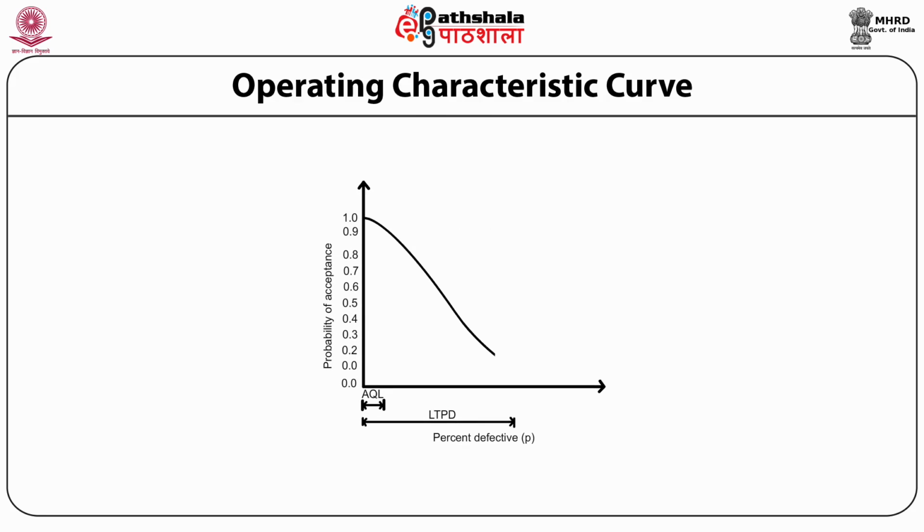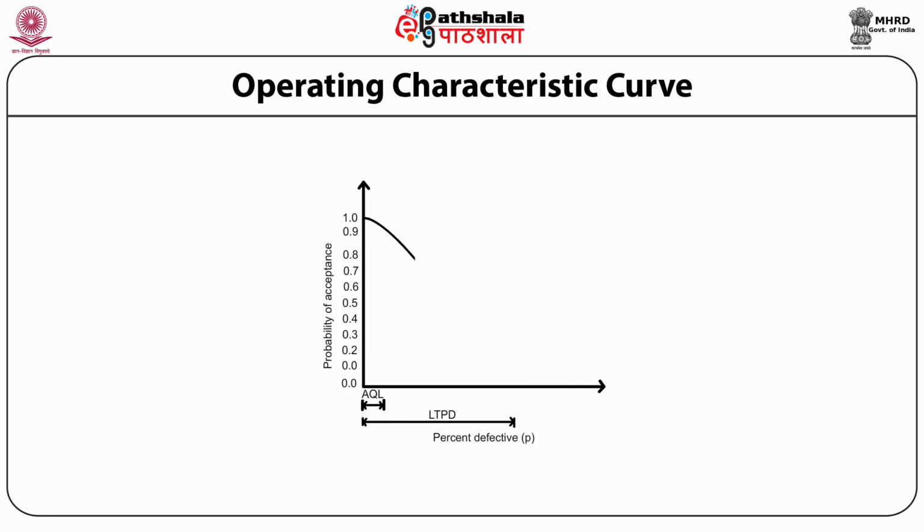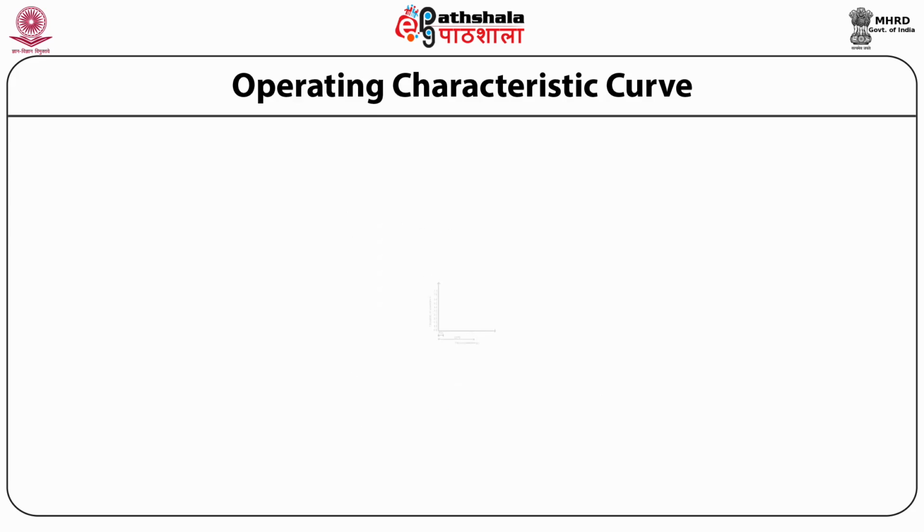Similarly, if LTPD is 10%, then the probability of acceptance, suppose, falls to 20%. But even with such a low level of acceptance, the batch should be rejected. If it gets accepted, it would imply occurrence of type 2 error, shown by beta in the figure.